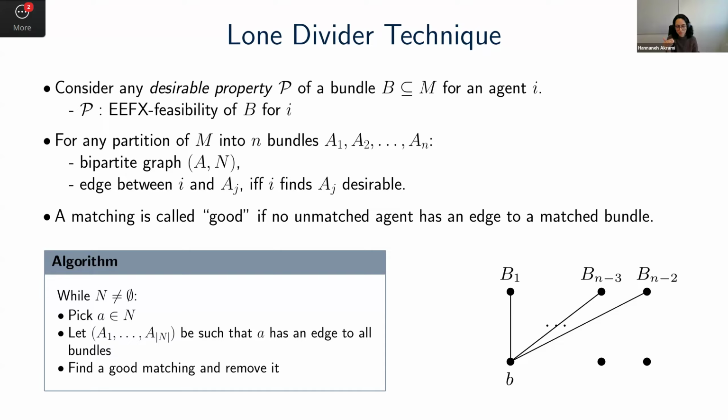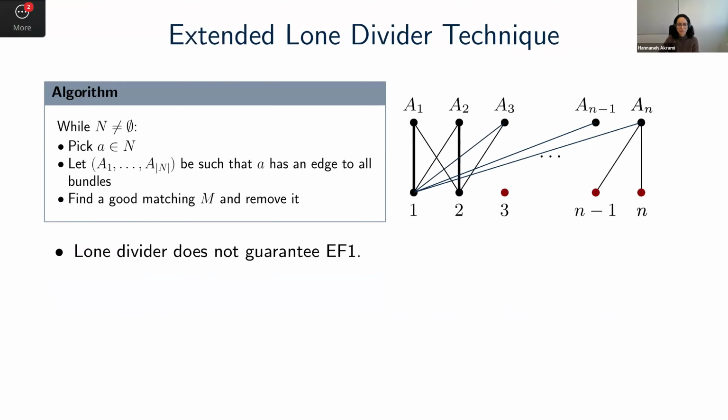This is the only thing that we need to prove, and it depends on the property P. The existence of the good matching does not depend on the property P that we are having. It's a property of the graph that we are studying, and it always exists if the lone divider exists, if an agent could be a lone divider. Okay, so this was kind of the high-level idea, or actually the whole algorithm of lone divider.